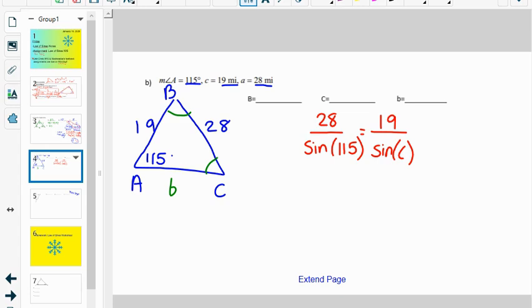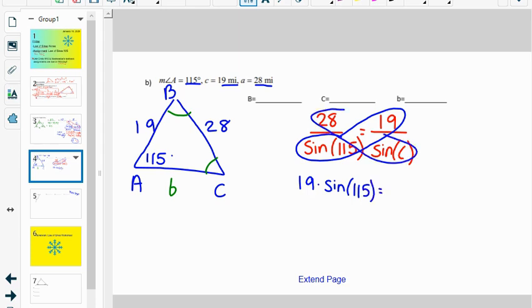All right, now we're going to just cross multiply and solve. So multiply 19 times sine of 115 equals, cross multiply these, 28 times sine of angle C.